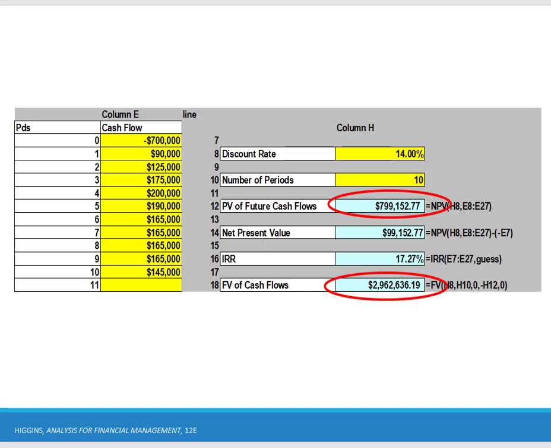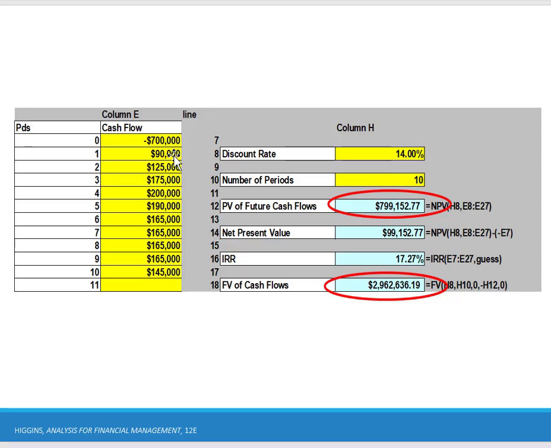So here is the problem-solving part of this question. The value of this project is worth $799,000. Now remember, at time zero, the investment needs to be input as a negative amount.